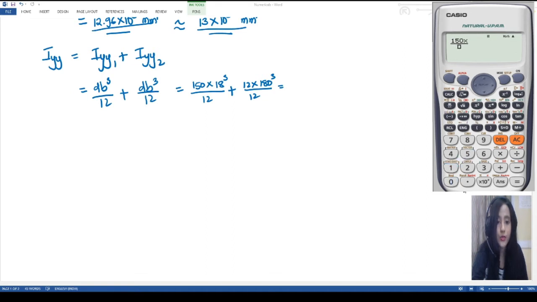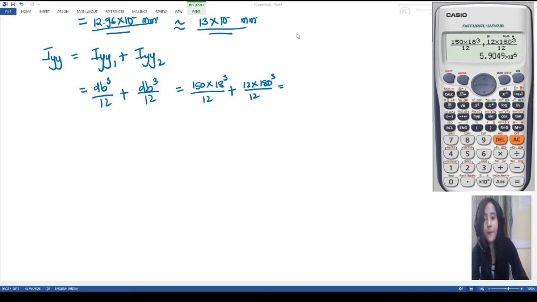So this will come equal to 150 into 18 cube by 12 plus 12 into 180 cube by 12. So this is your moment of inertia about Iyy.